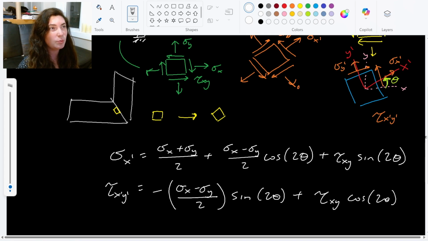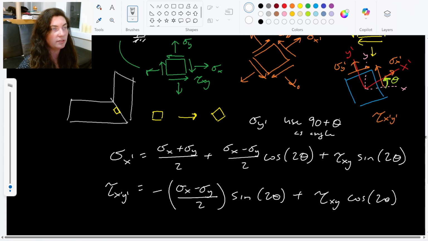So this is it. These are really the only equations that I need in order to transform my element. To find our y prime, it's actually the exact same equation as my x prime. So sigma y prime is going to be the same equation, but use 90 plus theta as your angle.